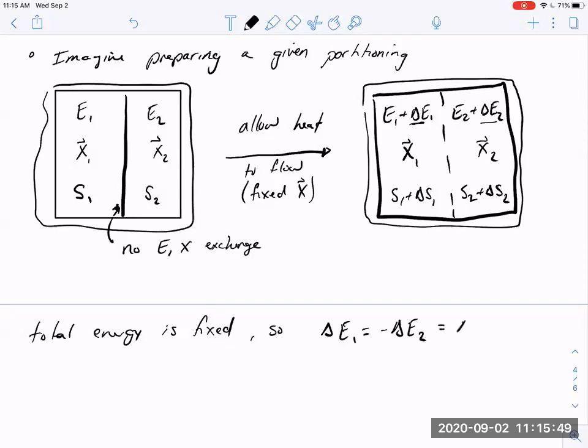So let's just call that delta E. That's just conservation of energy. That's just an implication of a mechanical system, be it quantum mechanical or classical.